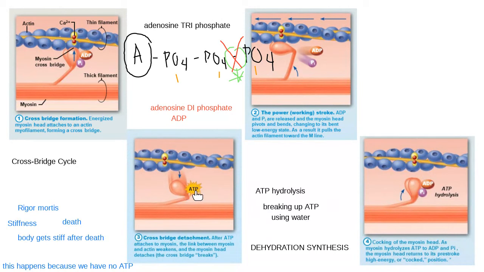If ATP attaches to myosin, myosin lets go of actin. I can't do cross-bridge detachment. I can't get myosin and actin to let go of each other unless there's a molecule of ATP available.